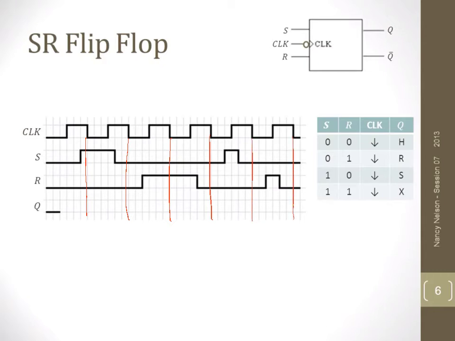What's going to happen with a flip-flop, and this is the main difference between a flip-flop and a latch, is that we're going to sample only at the clock edge. So what do we sample? Well, we know how a set-reset latch works, and we know that if we get a set, Q is going to go high.